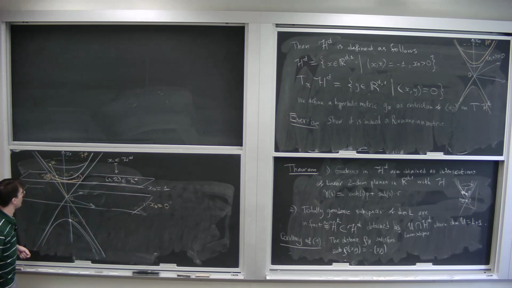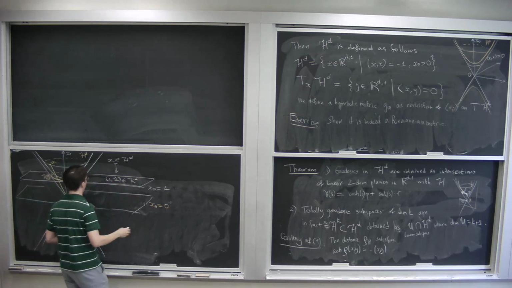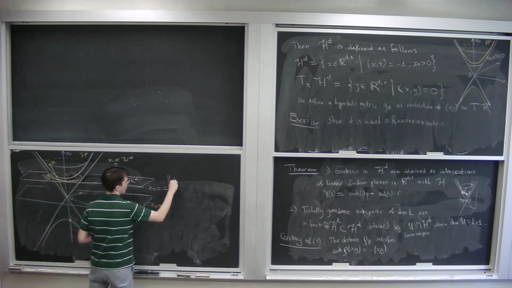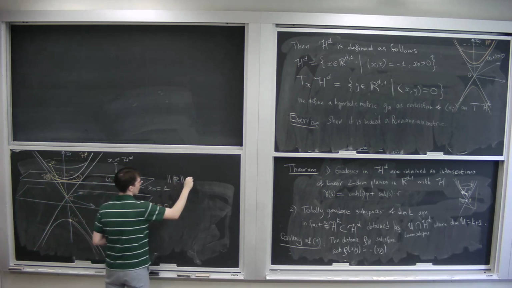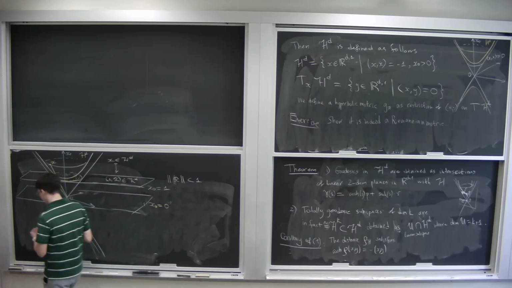And obviously the Euclidean norm of x hat is strictly less than 1.